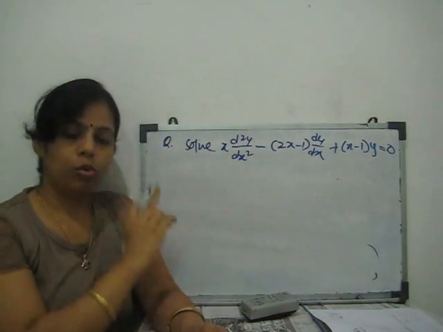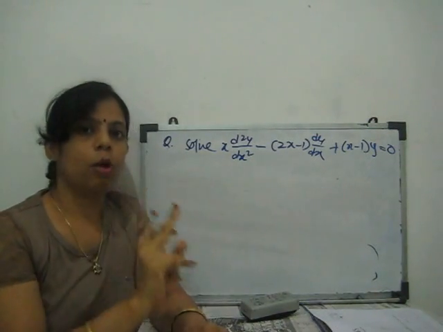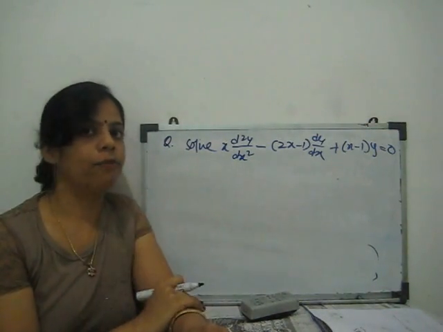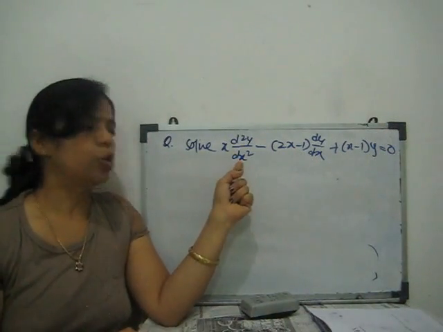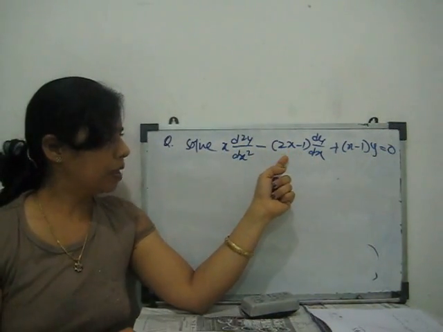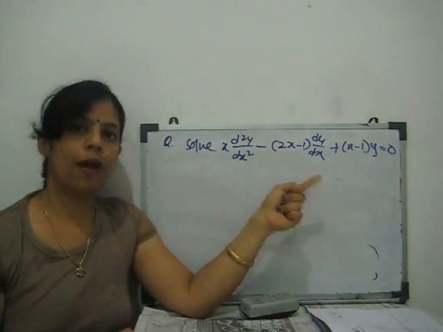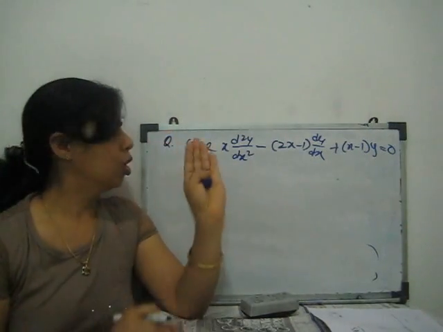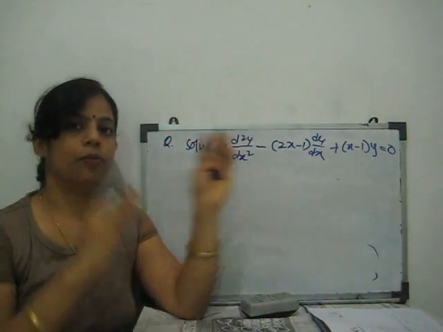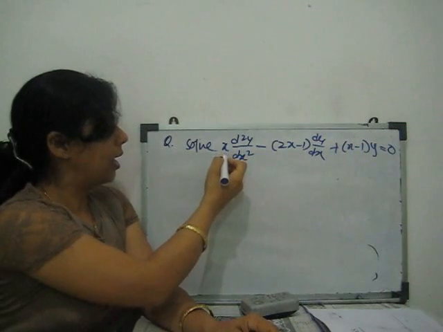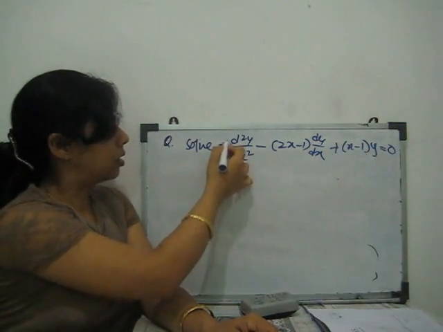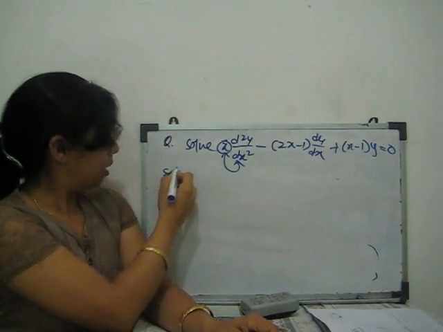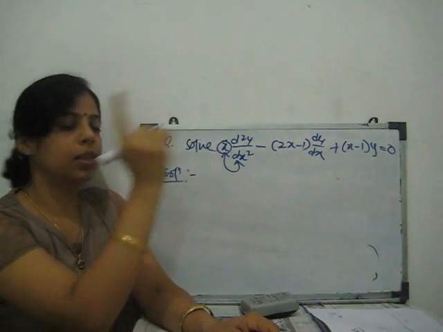Clear? When you solve this, first you put in mind what our standard form of the equation is. Standard form is d2y by dx square plus p dy by dx plus q y equal to x or 0. So here x is there, first we have to remove it. We don't want anything with this. So step 1, divide the complete equation by x.